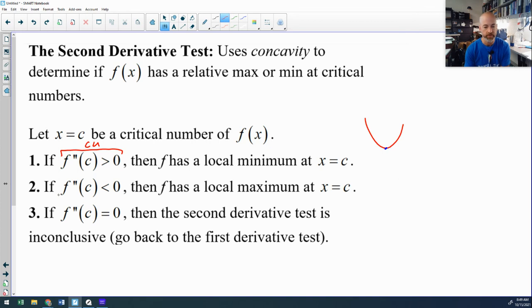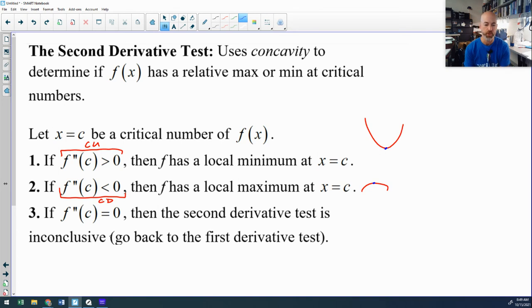Similarly, if your second derivative is negative at a critical number, that means we're concave down. And if you are concave down at the critical number, then we are looking at the point where we change from increasing to decreasing. We are looking at the local maximum. If the second derivative is equal to 0, then your second derivative test is inconclusive. And if you're looking for local extrema, then you would actually have to go back and do the first derivative test instead.